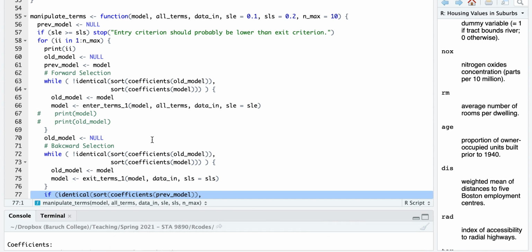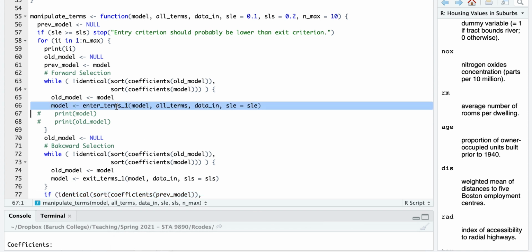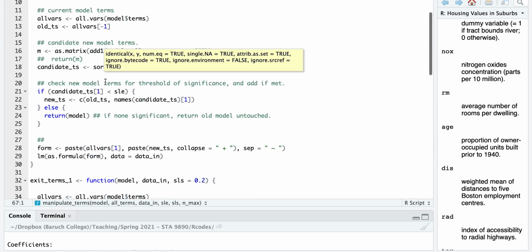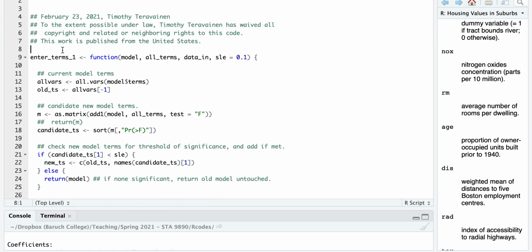Okay, so let's look at this. Enter terms, which happens in the heart of the forward selection. Enter terms.